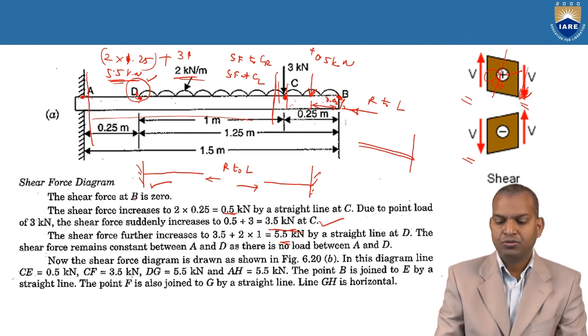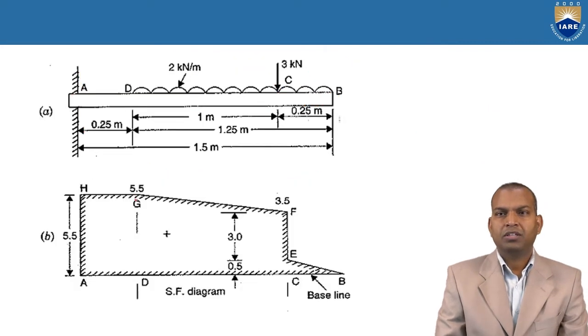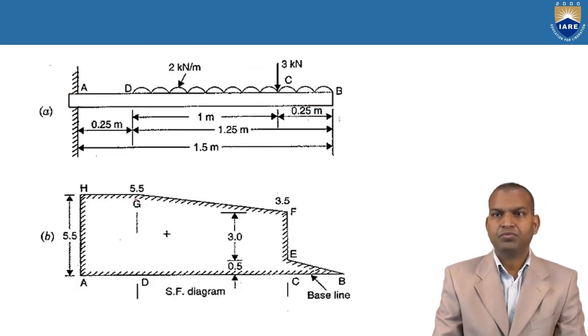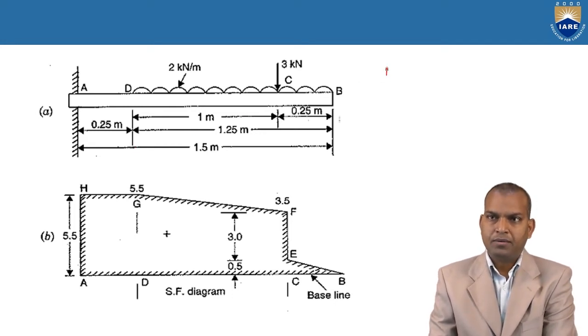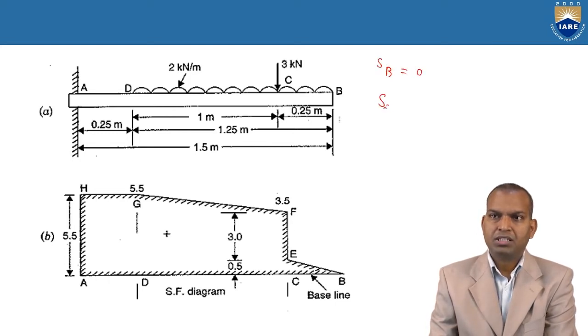Now let us see how to draw this. How do we draw the shear force diagram from these values? At point B, shear force SB, we got 0. Shear force at C, on the right side, is 2 into 0.25, that is 0.5 kilonewtons.